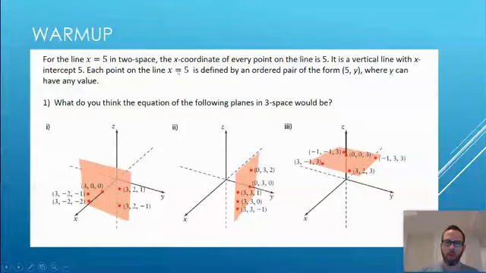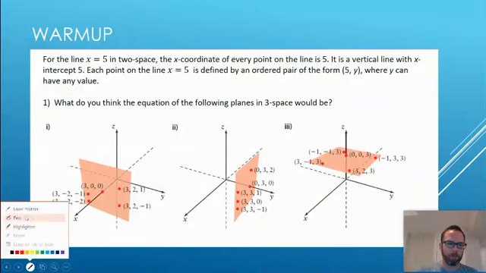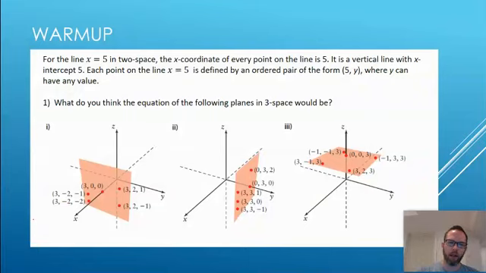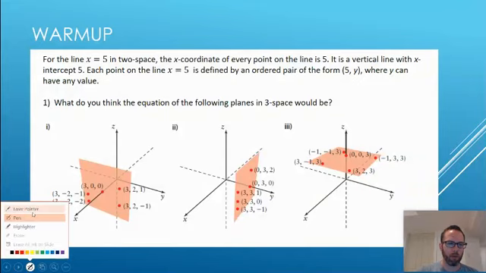So what we want to think about is, what would that graph look like for that same rule in R3? What would that graph x equals 3 look like?